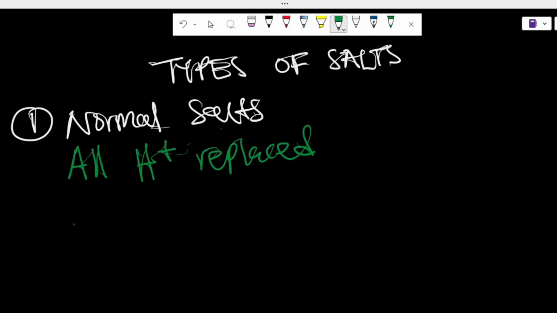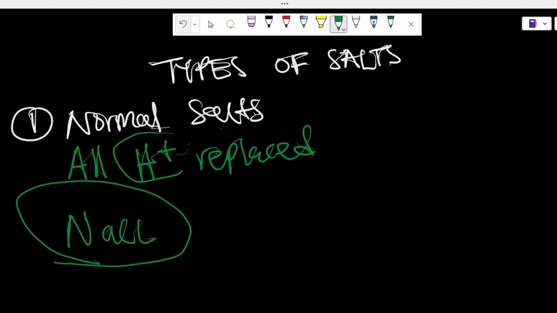So, for example, when you get sodium chloride, notice that you can't see any hydrogen ions in this particular salt. So that is because this sodium metal completely replaced the hydrogen in the initial acid, which was probably hydrochloric acid. So because the fact that you can't see any hydrogen ions in this particular salt shows that this metal completely replaced the hydrogen ions. And so that type of a salt is actually called a normal salt.